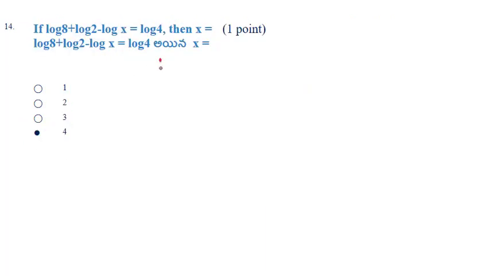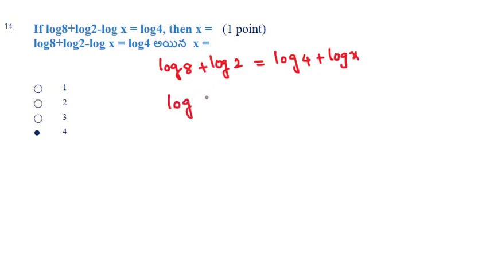Problem: if log 8 plus log 2 minus log x equals log 4, then x equals. So transfer minus log x to the other side. So log 4 plus log x. Now log x plus log y formula, log xy.